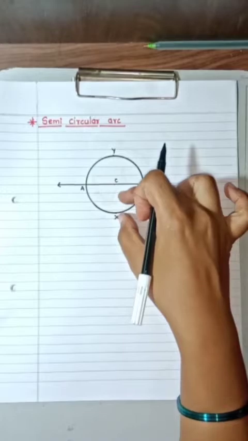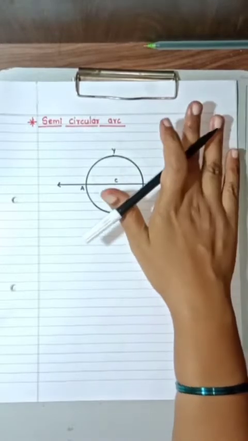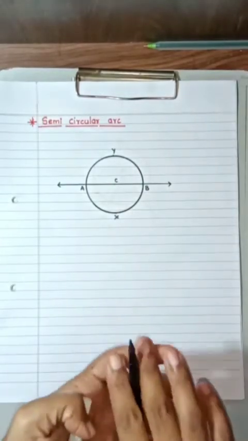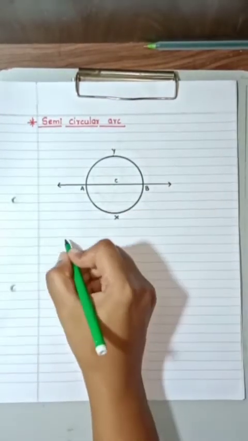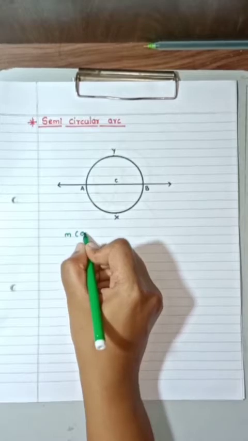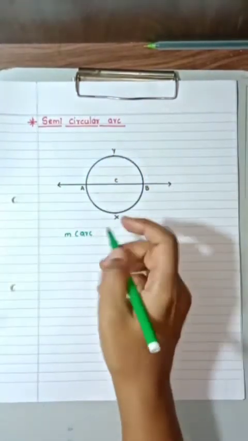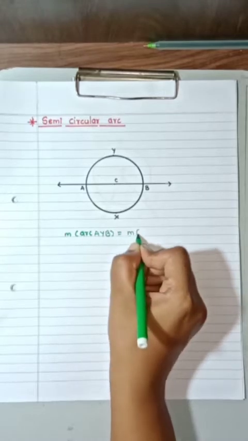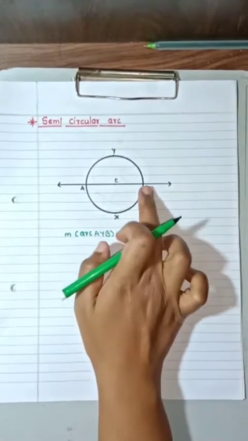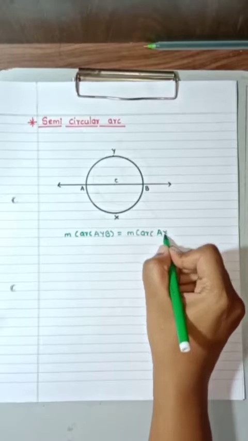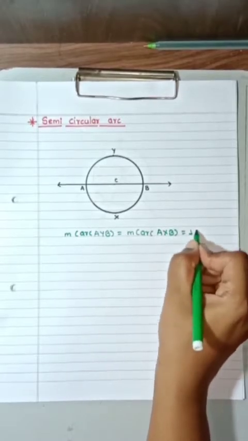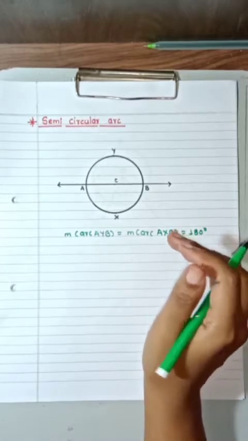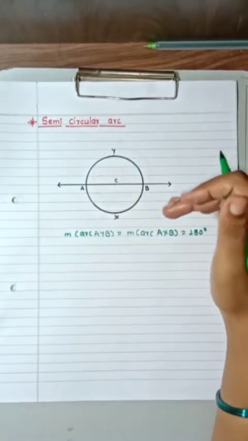Now children, as these two arcs are equal, you can say that the circle measures 360 degrees and a semicircle is half of 360 degrees. Therefore measurement of arc AYB is equal to measurement of arc AXB, which is equal to 180 degrees, as they are semicircles.